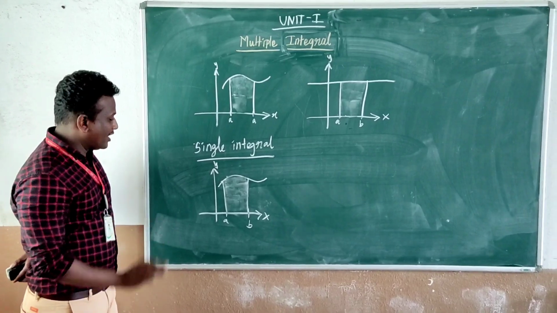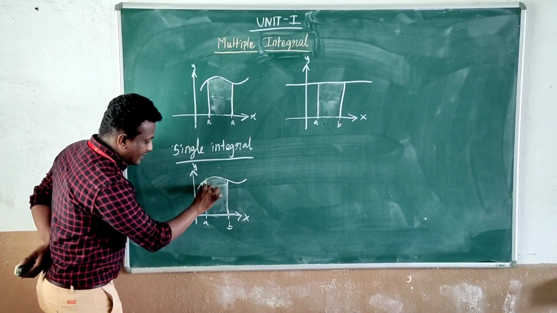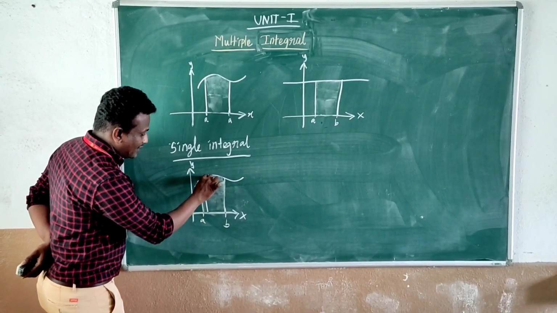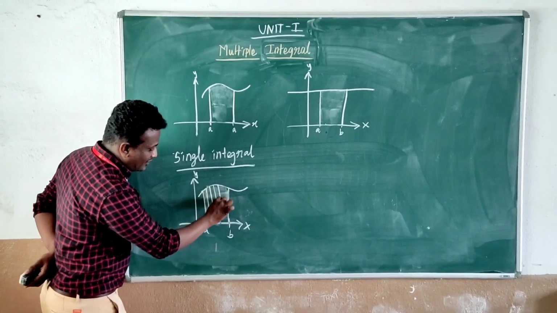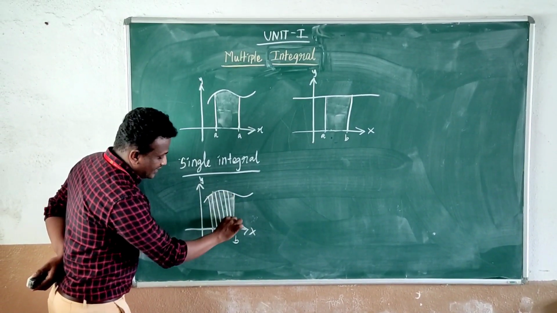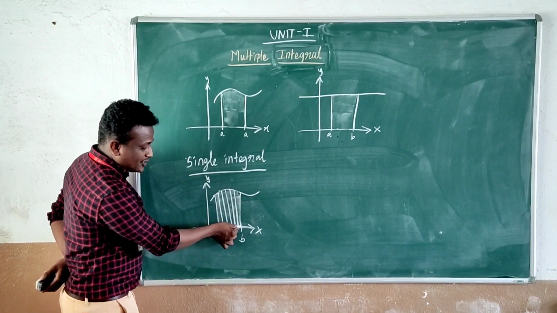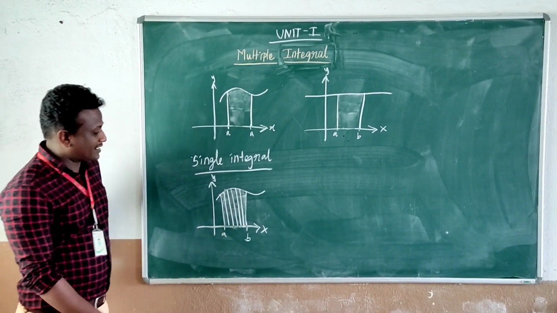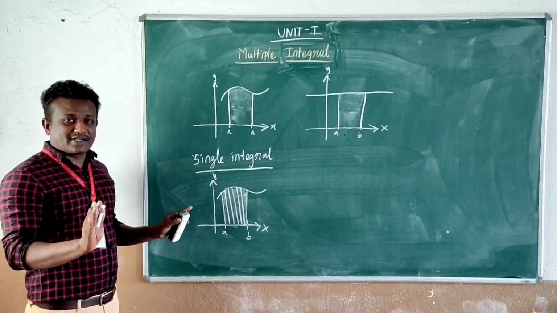To find the area, I am going to split this irregular shape into many rectangular spaces. Make sure that all the rectangles have equal width. You can divide this region into many rectangles.